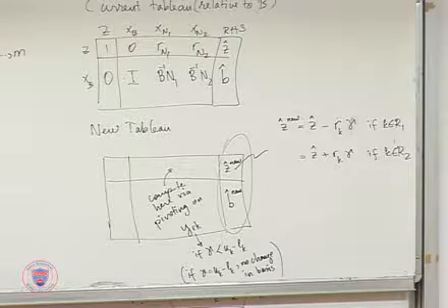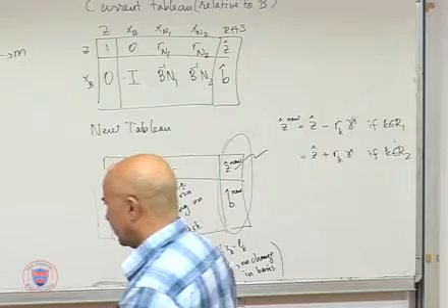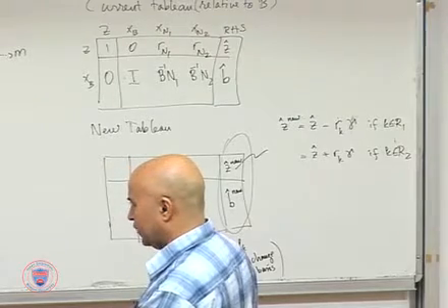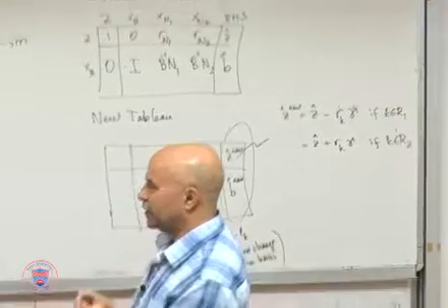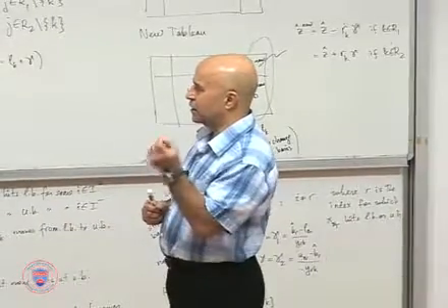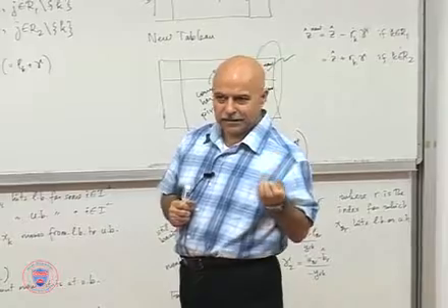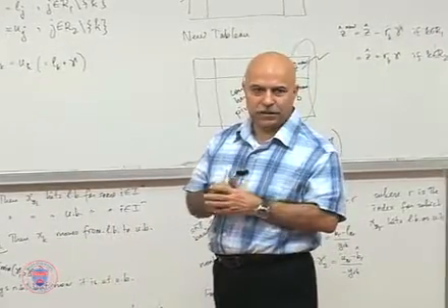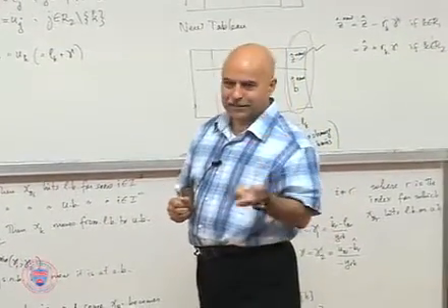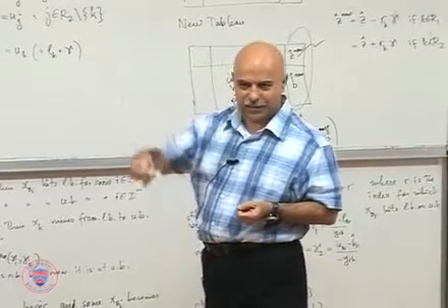This was the situation when some variable, we decided to increase it, right? Xk was a variable that is at the lower bound is now being increased. Now there's another case when it's at the upper bound and it's being decreased.